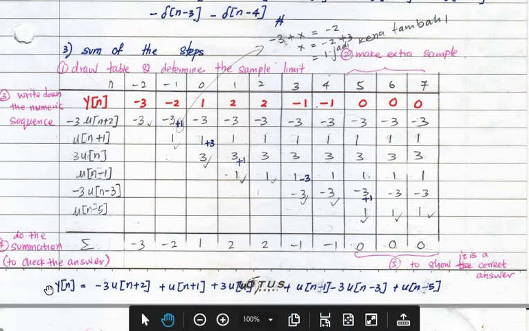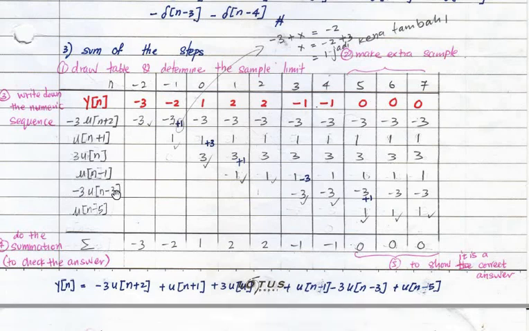So when you write again the sum of the steps, you need to write down your answer. Yn equal to negative 3 unit step n plus 2 plus unit step n plus 1 plus 3 unit step n, and then plus unit step n minus 1, and then plus negative 3 unit step n minus 3 plus unit step n minus 5. So this is what we call sum of the steps.